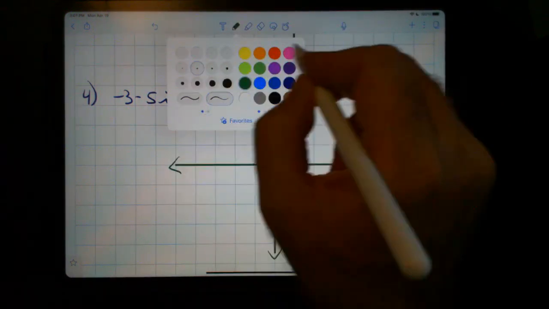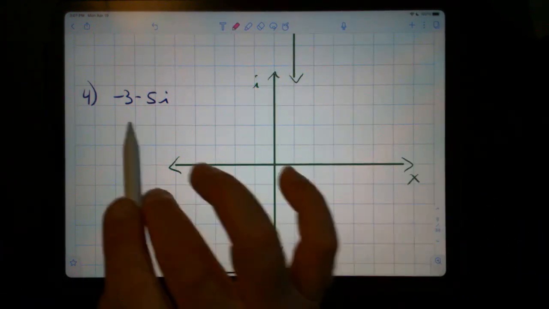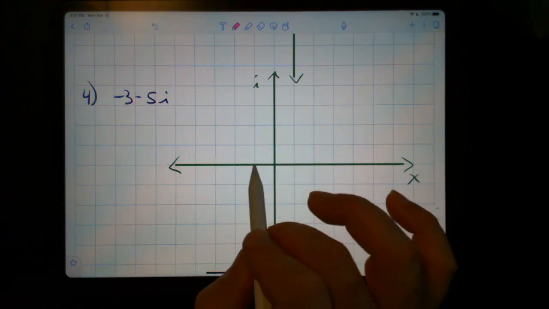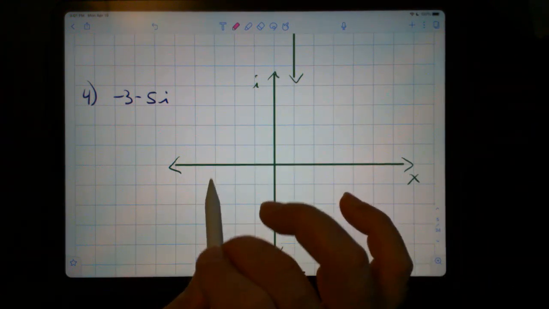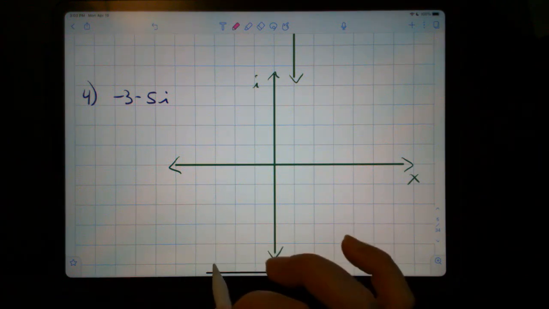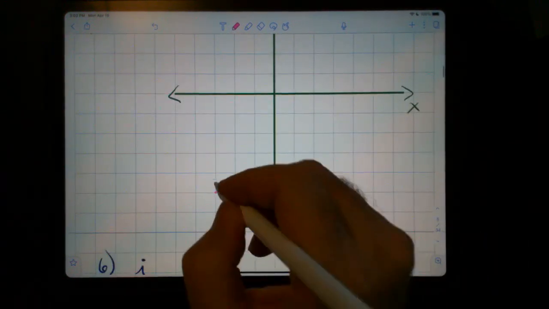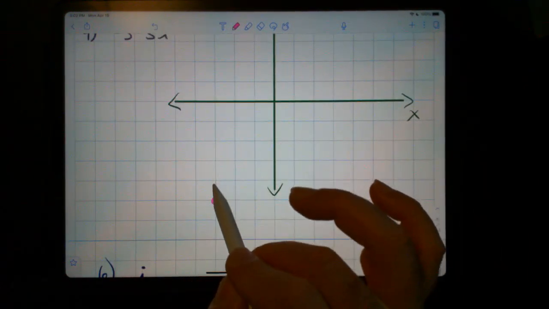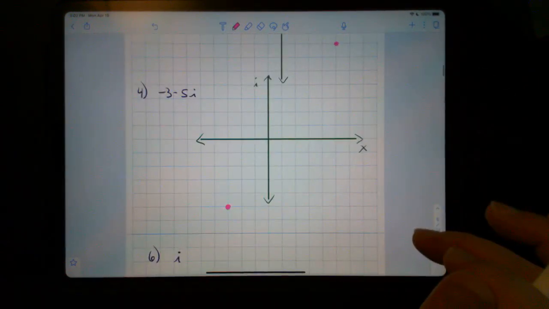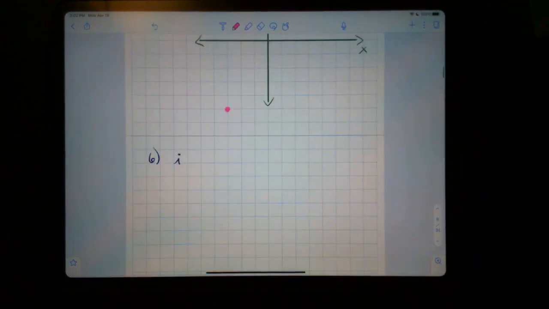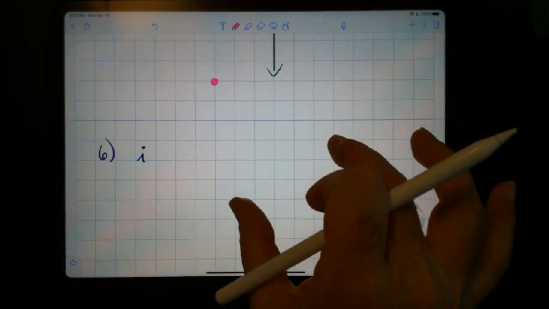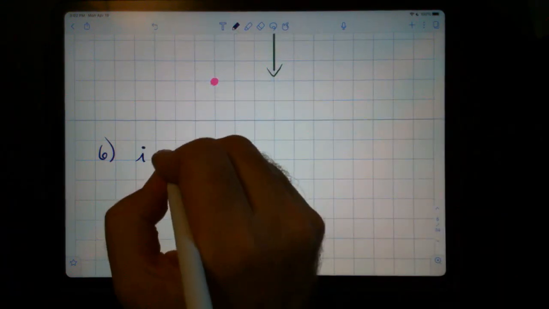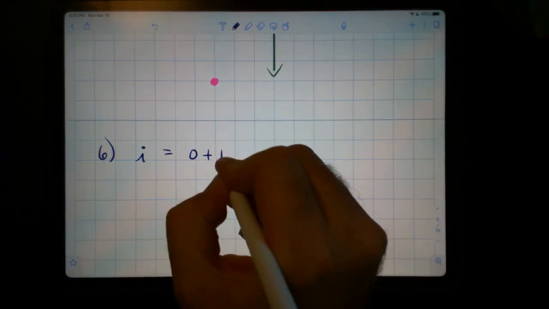It's a little bit unusual at first, but so this point, negative 3 minus 5i, is 3 in the negative x direction and negative 5 in the y direction. To plot i, well, i is the same thing as 0 plus 1i.